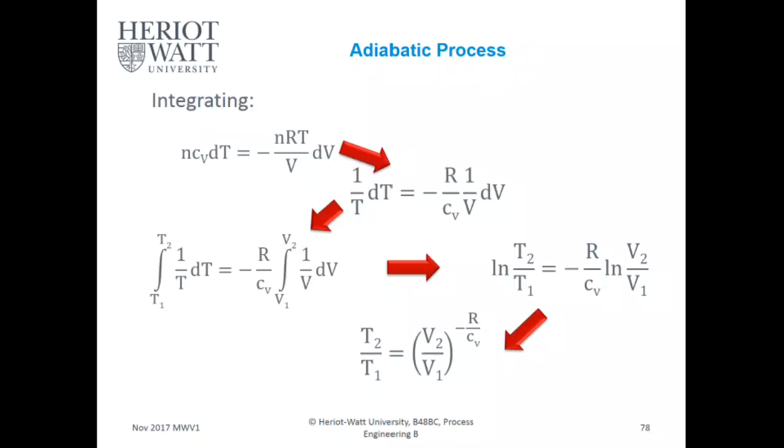And if you solve for that, you can calculate T2 over T1 equals V2 over V1 to the power of negative R over Cv. So at any point, if you have your initial temperature, final temperature, initial volume, and vice versa, you can calculate your new volumes for an adiabatic system.